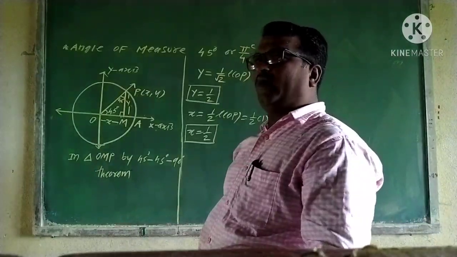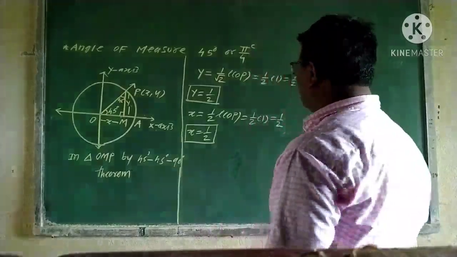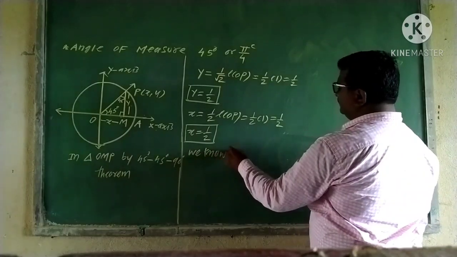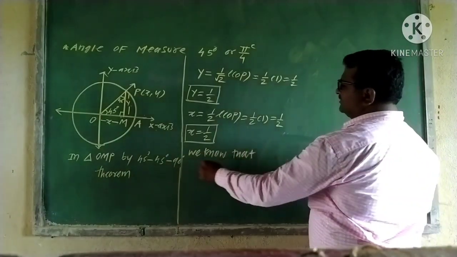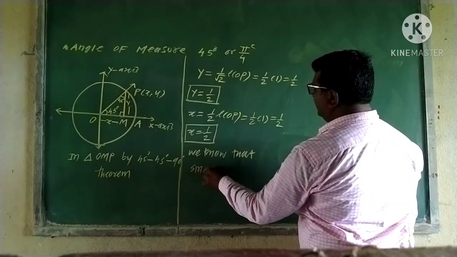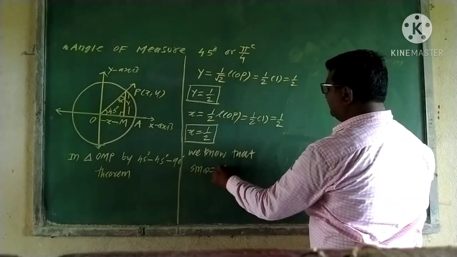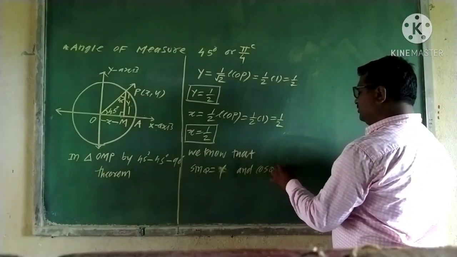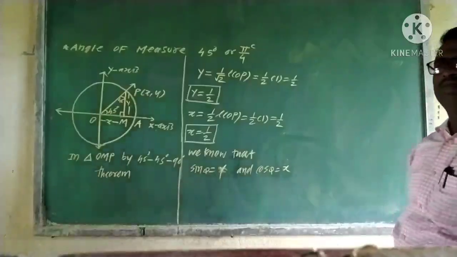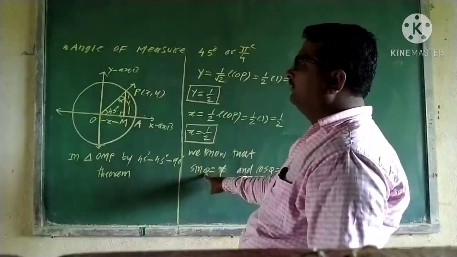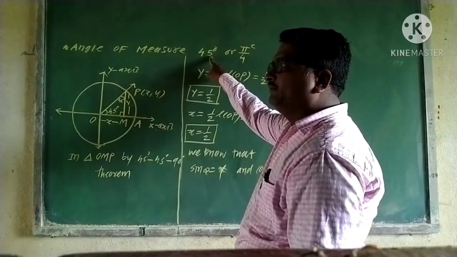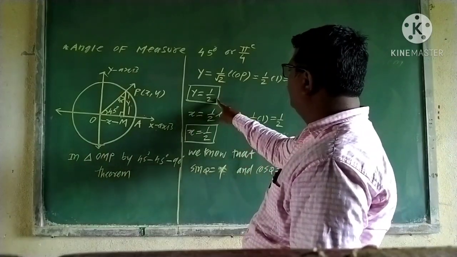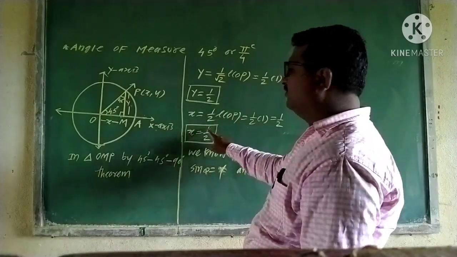We know that sin of theta equals y, and cos of theta equals x. For theta of measurement 45, the value of y is 1 upon square root 2 and the value of x is 1 upon square root 2.